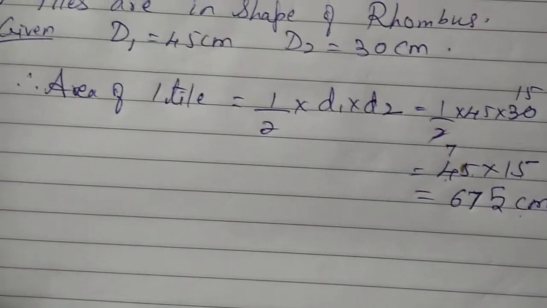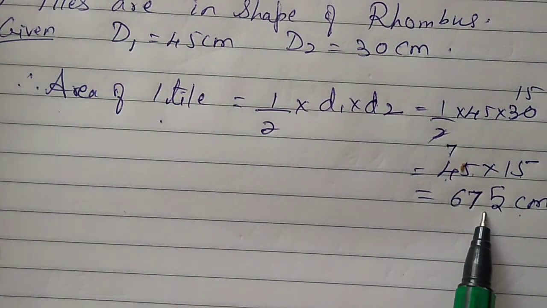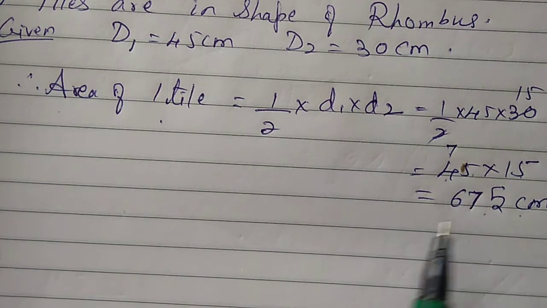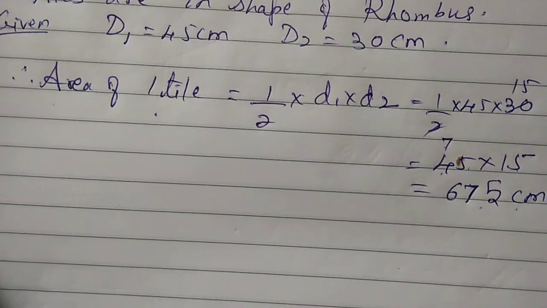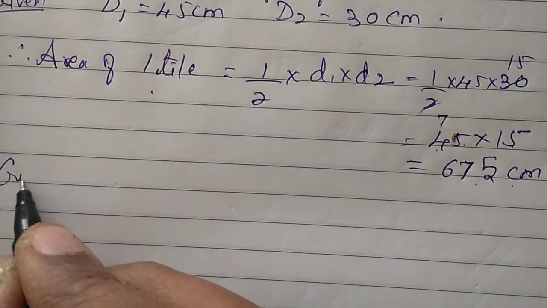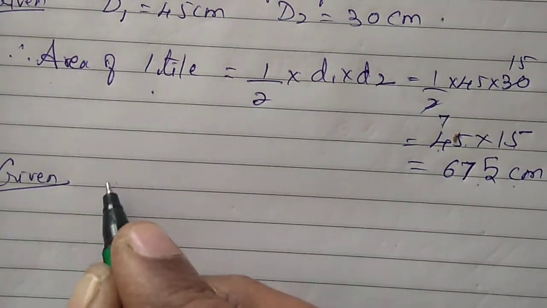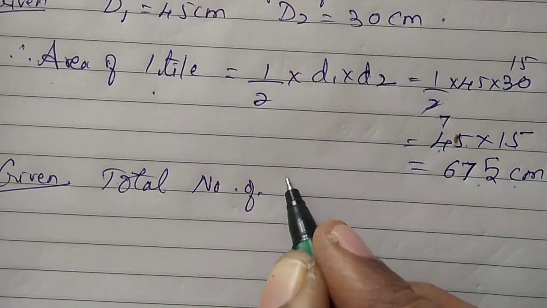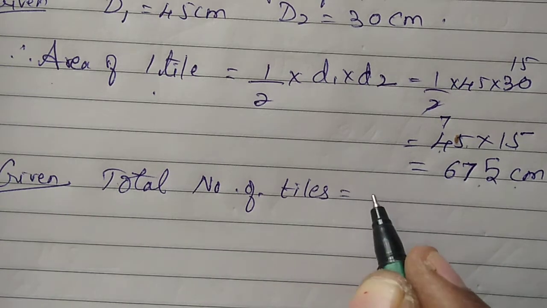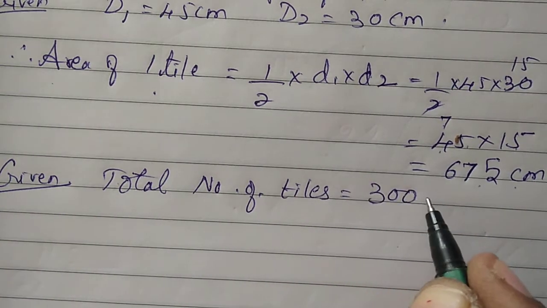So what we found at present is the area of one tile. But in the question, how many tiles are given in total? 3000 tiles. So we write now, given: total number of tiles is 3000.